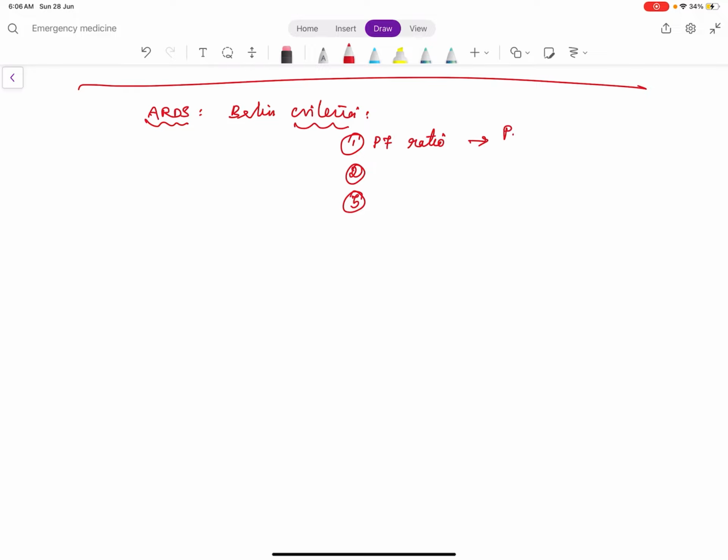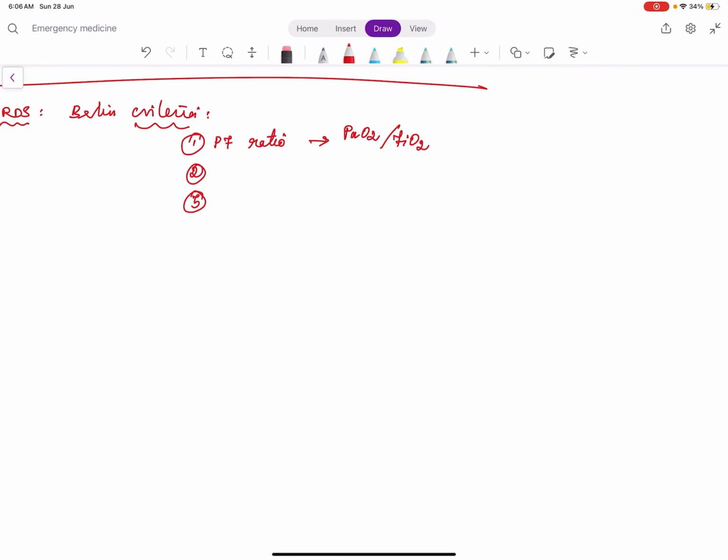PF ratio is PaO2 by FiO2 ratio. It is normally more than 300. If it is less than 300, it is one criteria for ARDS. It means lungs are damaged or problematic.